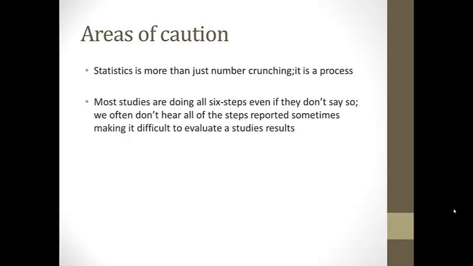In the media, you often hear just a number. You don't know, how did those researchers get that number? Who participated in that survey? What questions were asked? How did potentially the phrasing of those questions impact the way people responded? There's a whole host of questions that, when we hear statistics in everyday use, we don't get access to all 6 steps at once.